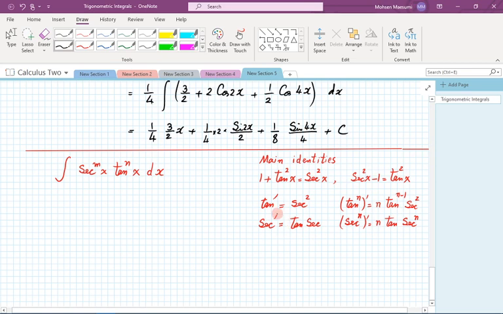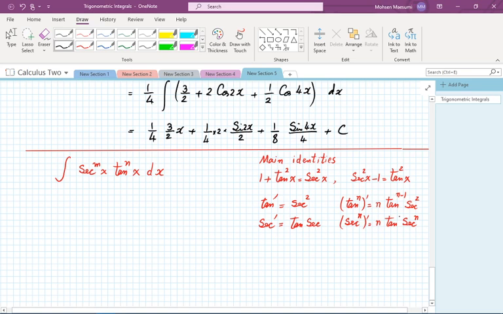We know the derivative of tangent is secant squared, and the derivative of secant is tangent secant. Applying the power rule, the derivative of tangent to the power n is n tangent to the power n minus 1 secant squared, and the derivative of secant to the power n is n tangent secant to the power n. We need these to proceed.